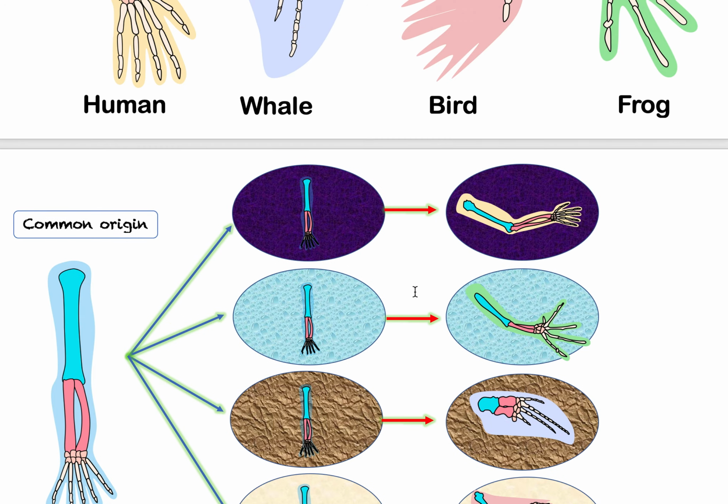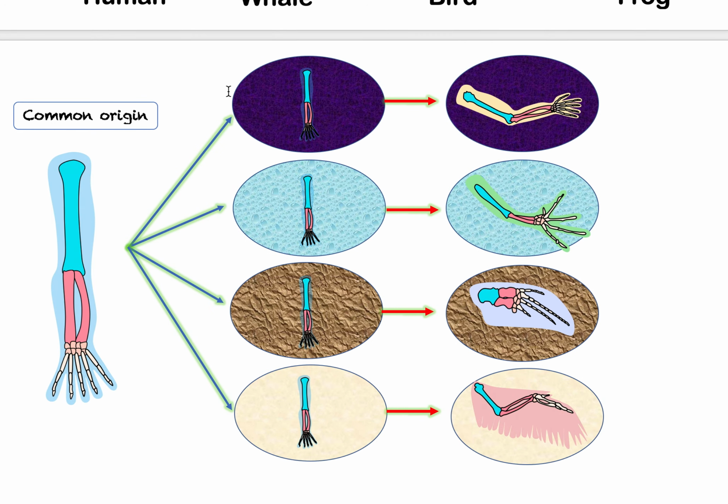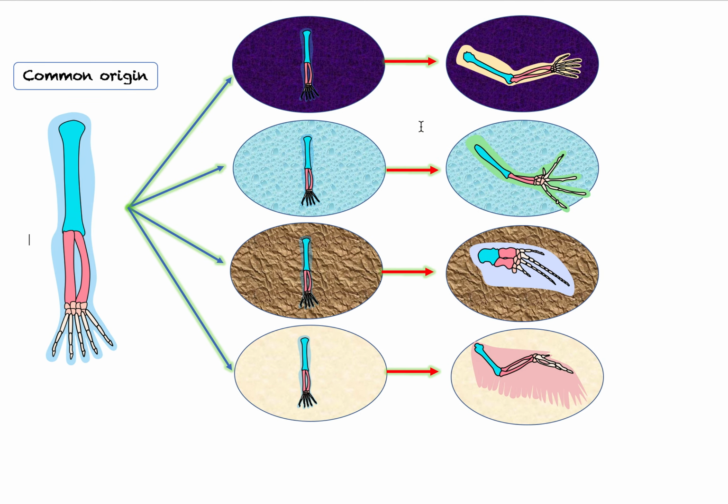So this is another example that they believed evolution happened, because we all have the same basic structure in our bones, and the only reason that we are different is because our environment changed us through evolution. But we all in reality came from one common creature that had this pentadactyl limb, right? We call this the pentadactyl limb because penta means 5 and dactyl means fingers, the 5-finger limb, okay?